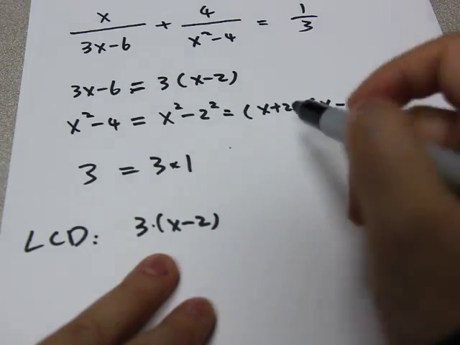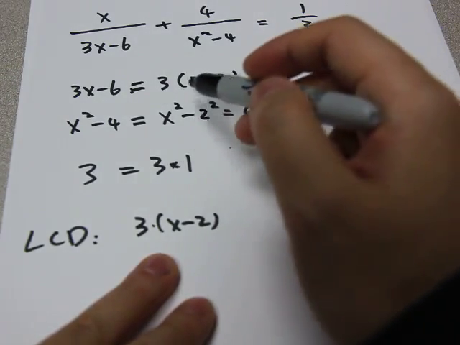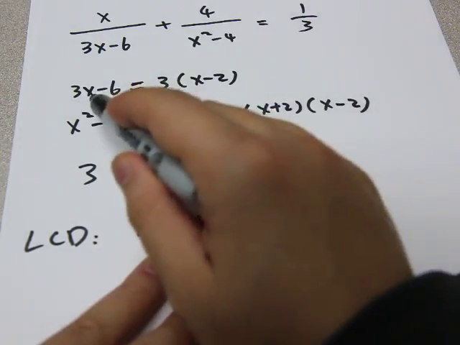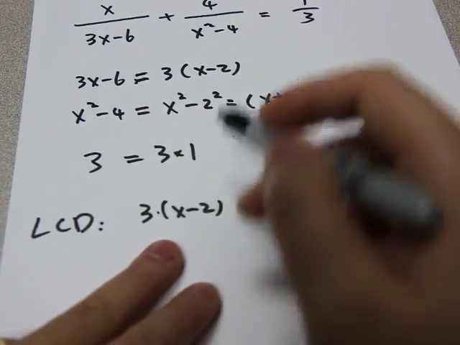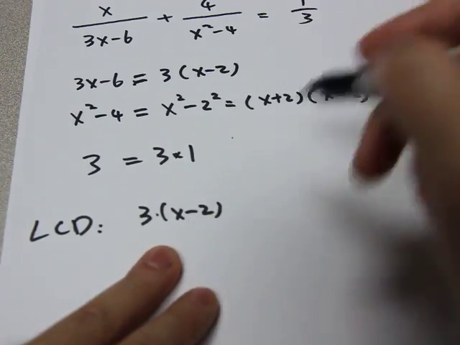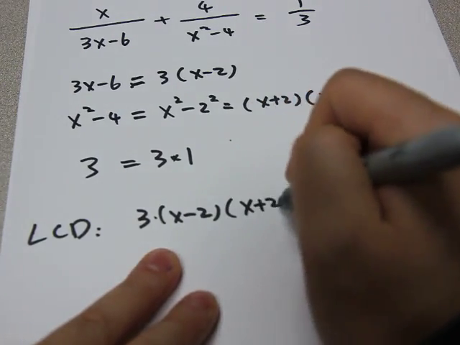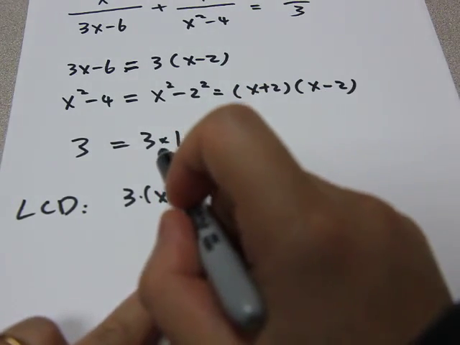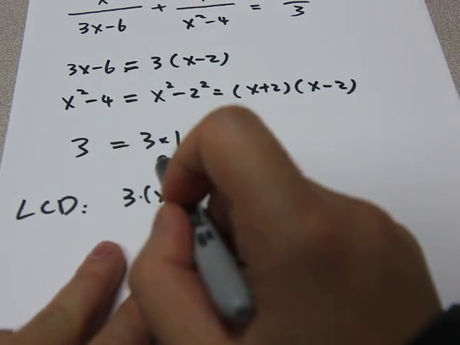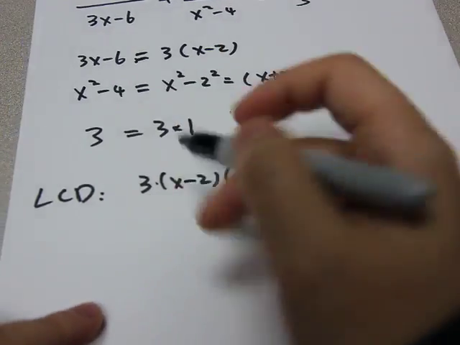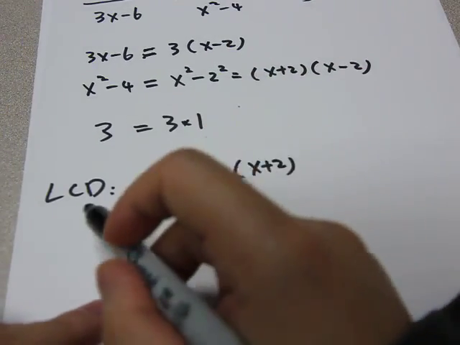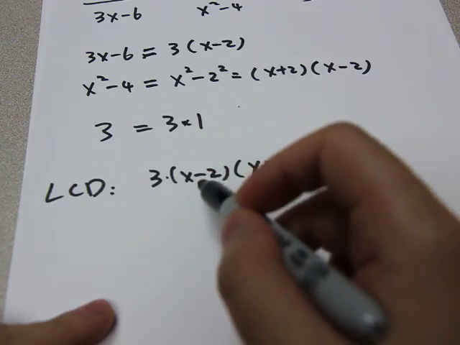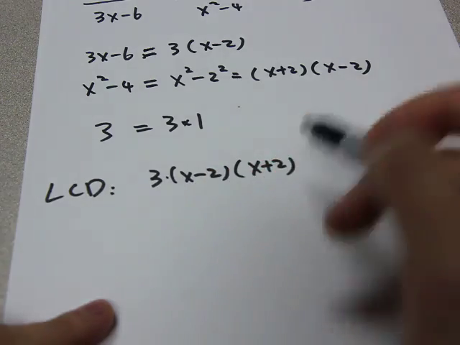However, when we consider the factors of the first denominator, we already include x minus 2. So this time we only put x plus 2. And for the third one, since we already have a 3, so that's it. So the least common denominator is 3 times x minus 2 times x plus 2.